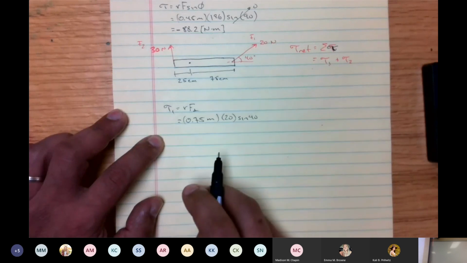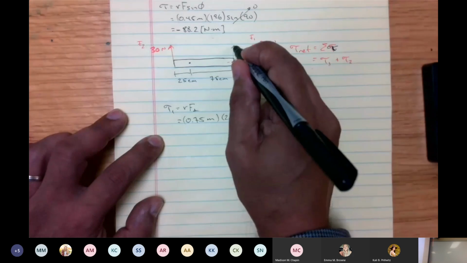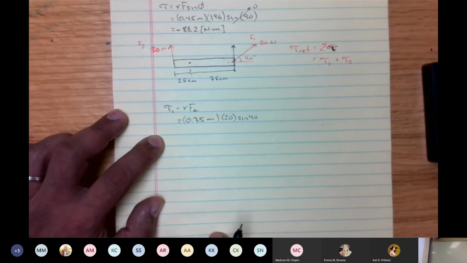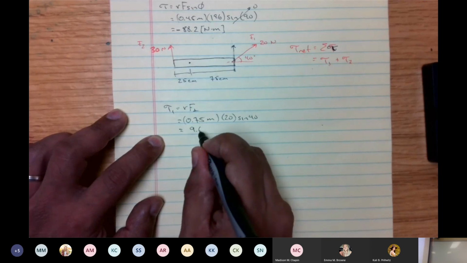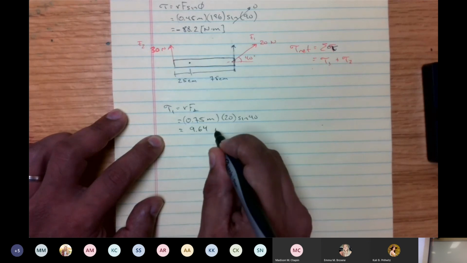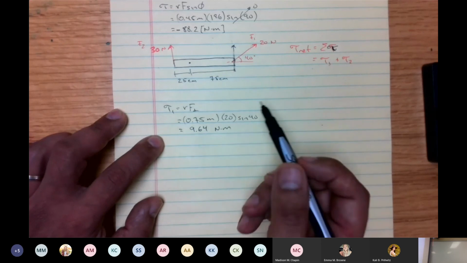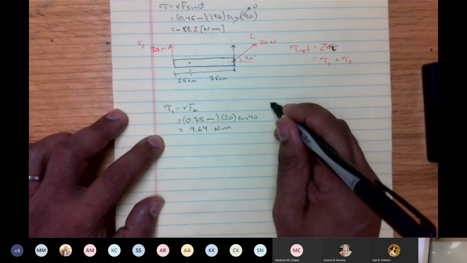That's going to give me the perpendicular component, the one I need to calculate the torque. If anyone can give me the value you got? I got 9.64. 9.64 newton meters. Now, this force is rotating counterclockwise, so that's going to be positive.